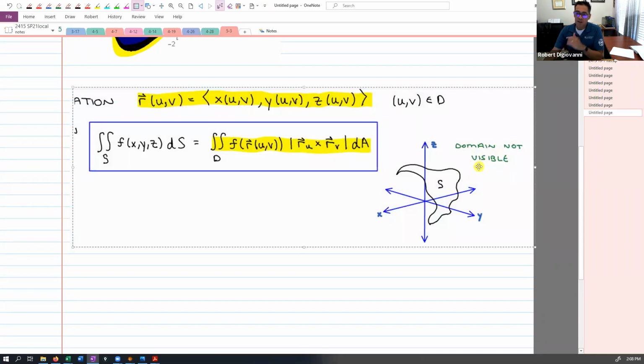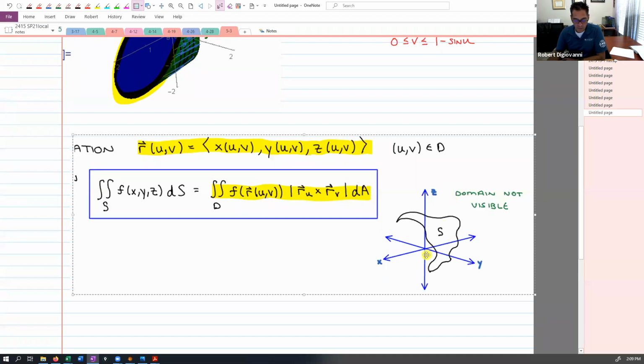That's because in the special cases, B, C, and D, you can always see the domain cast upon one of the planes, like down to the ground or on the sides. But when you're doing a surface where it truly is a function of U and V, they are like clocks in the background, and you're drawing the surface as these two clocks are running. So you can't visualize the domain here as a shadow of anything. I just want to point that out.